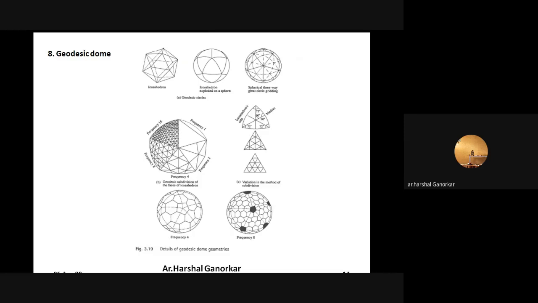Then the geodesic dome. The geodesic dome is basically the exploded octahedron or hexahedron on a spherical shape. When you have this kind of geometry and you explode it onto a spherical shape to get a pure curve, this will happen.